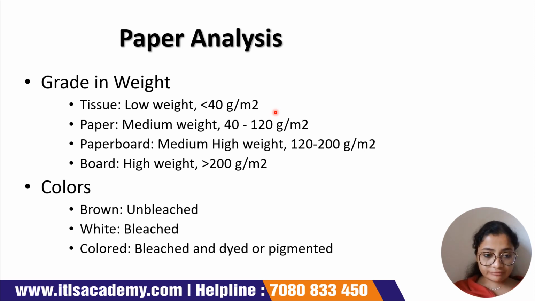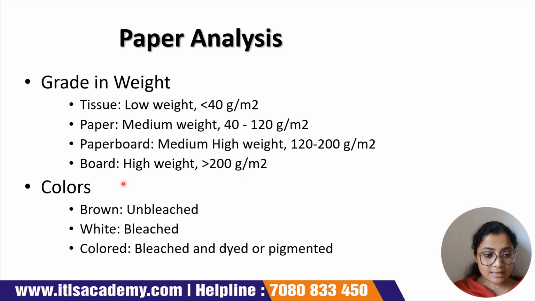Then the paper, if it's medium weight, is between 40 to 120 grams per meter square. Then comes the paperboard, medium high weight, if the range is between 120 to 200 grams per meter square. Then comes the board. If high weight, it's more than 200 grams per meter square.